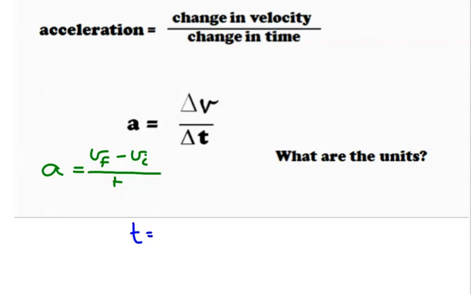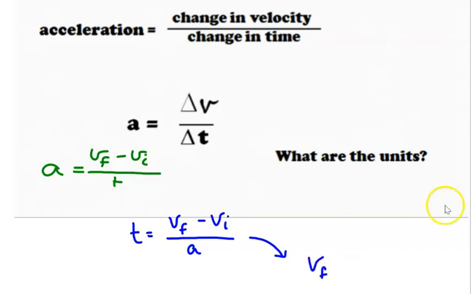So let's manipulate this for a few different types of formulas, where you're solving for final velocity, initial velocity, or time. If we're solving for time, we've got the final velocity minus the initial velocity again, the end minus the beginning, and that's all over the acceleration.